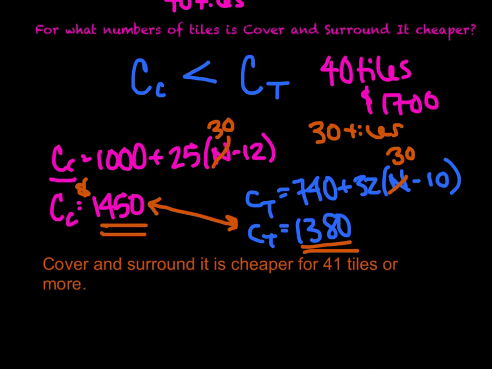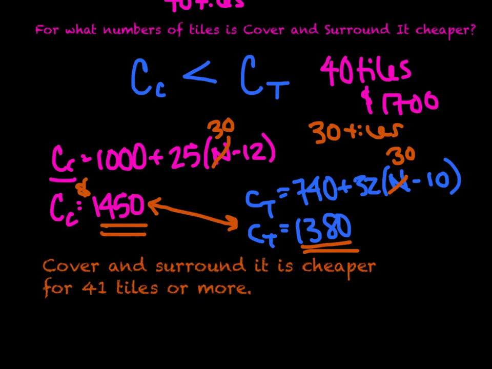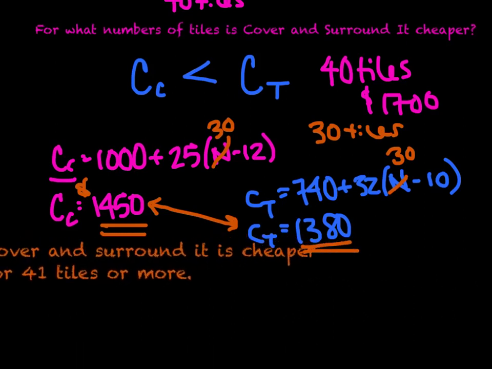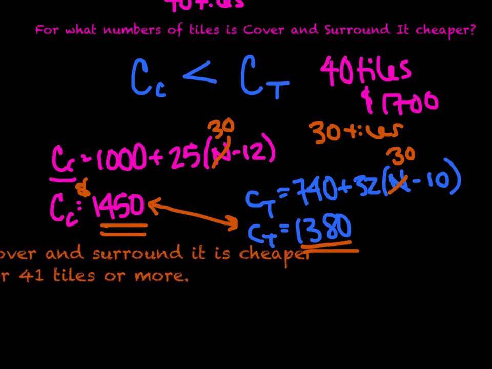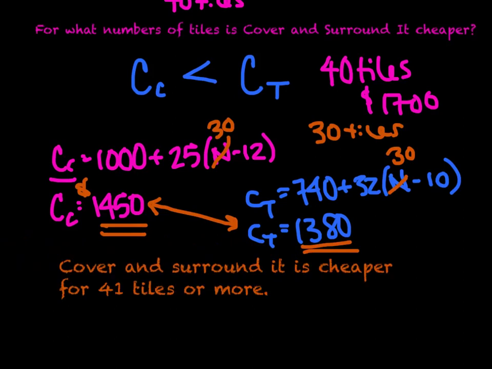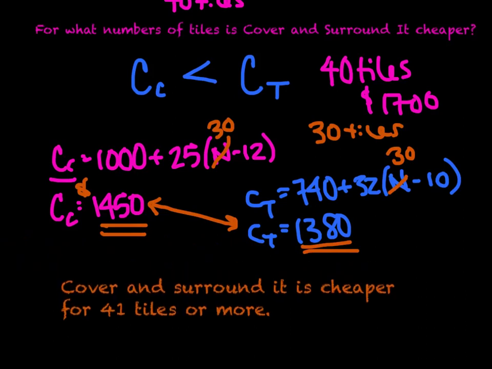So essentially we can say that for less than 40 tiles, Tile and Beyond is cheaper, and beyond that, Cover and Surround It is cheaper than Tile and Beyond. So there is our statement that we can make.